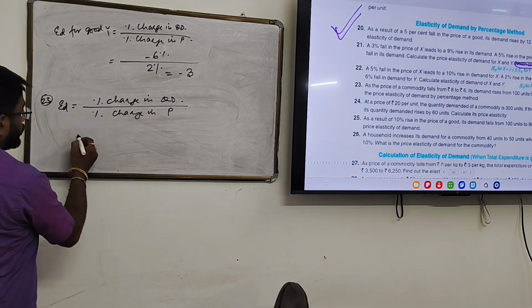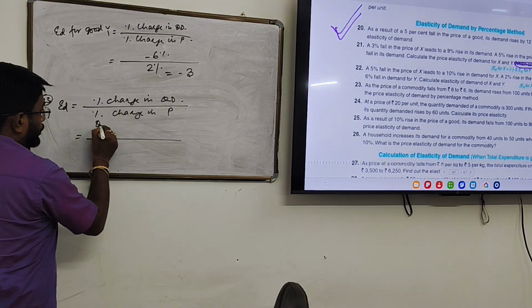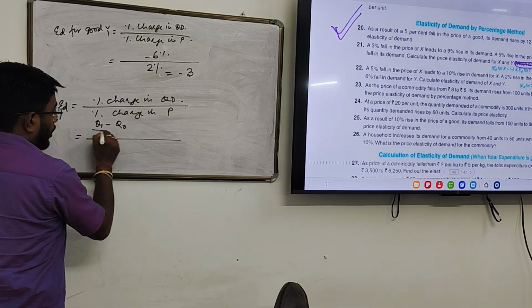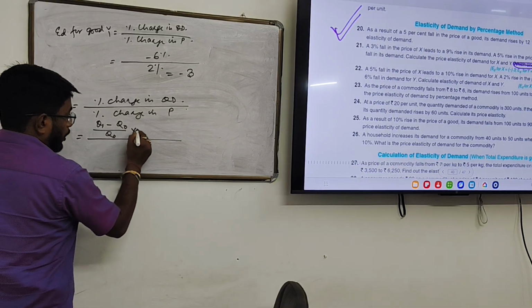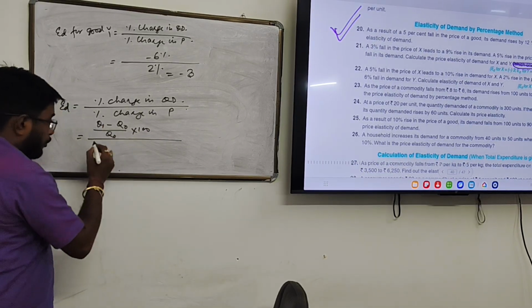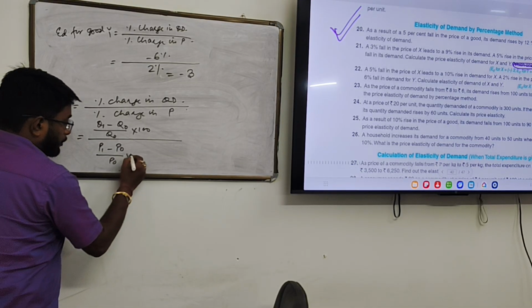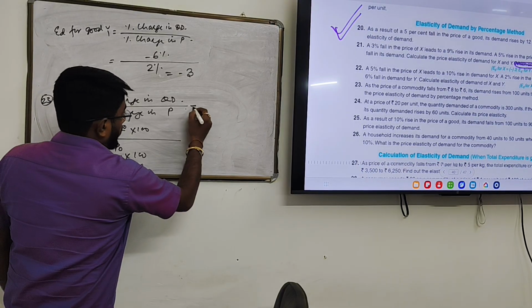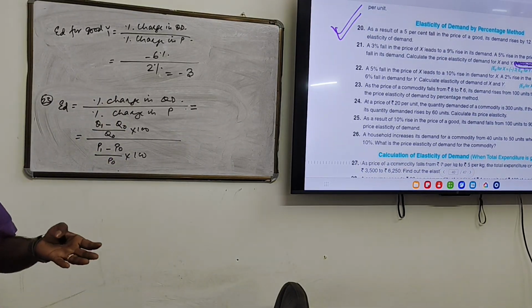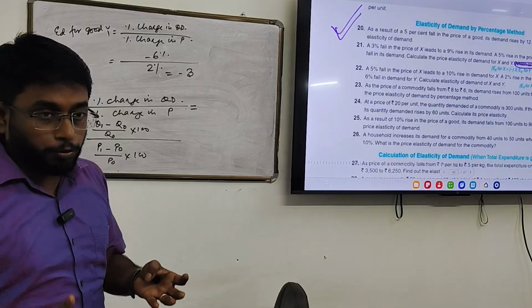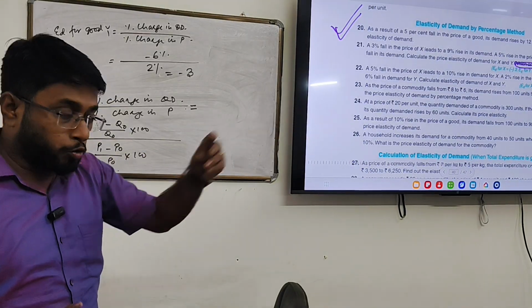How to convert? In the numerator we will write Q1 minus Q0 divided by Q0 into 100, whole divided by P1 minus P0 by P0 into 100. Now what is Q1? The new quantity. What is Q0? The initial or old quantity.